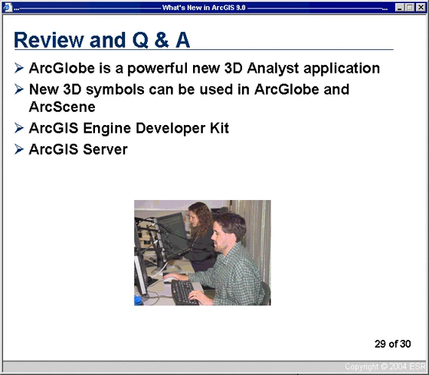ArcGIS Engine Developer Kit is a new product that will be released at ArcGIS 9, allowing developers to create standalone applications for people that don't need everything a GIS has to offer. And ArcGIS Server is another new product that allows you to serve up GIS tasks, mainly through ArcObjects, through the internet or local area network.